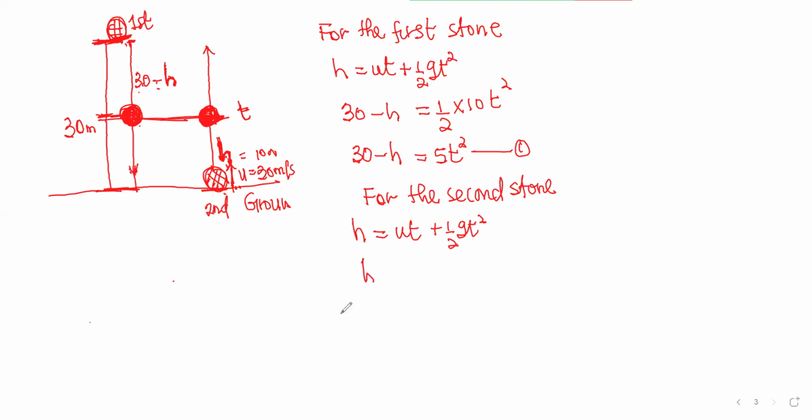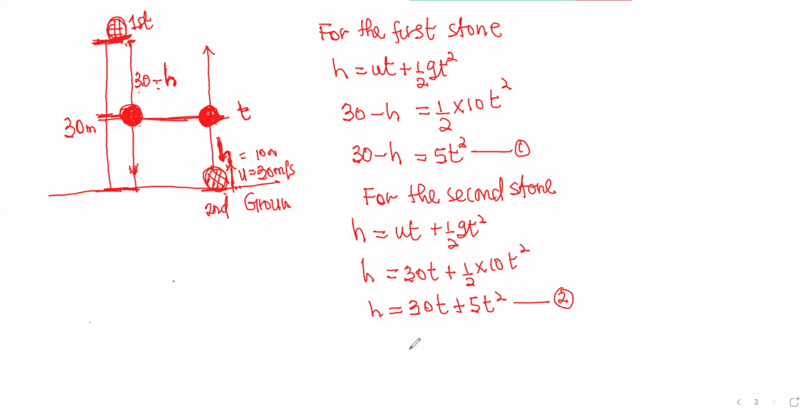So h, the unknown vertical height, is equal to 30t, since the second stone is going up with an initial velocity of 30, plus half times 10 t squared. So this is 30t plus 5t squared. This is equation 2.